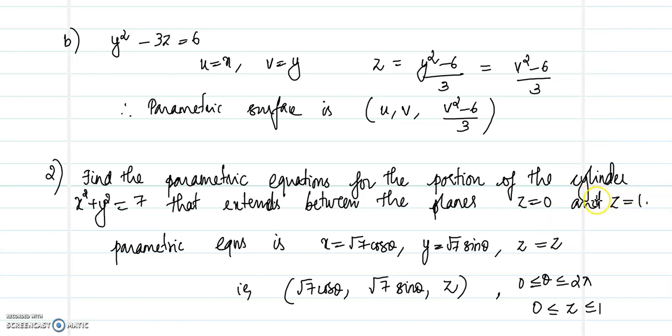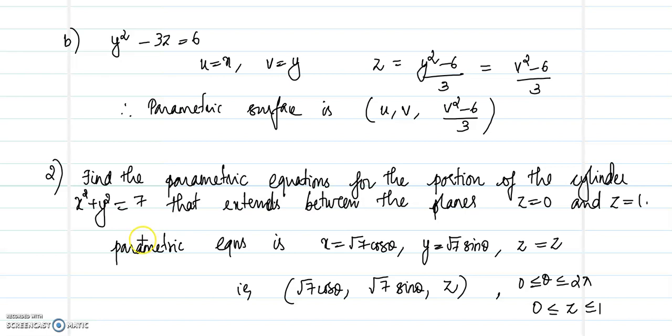So when you take a cylinder, the radius is always fixed and the angle is varying from 0 to 2 pi. So when we take cross sections, all the cross sections are circles. So the circle has parameterization r cos theta, r sin theta.